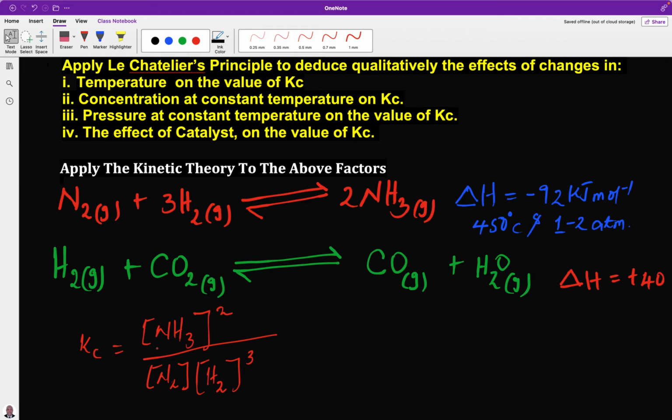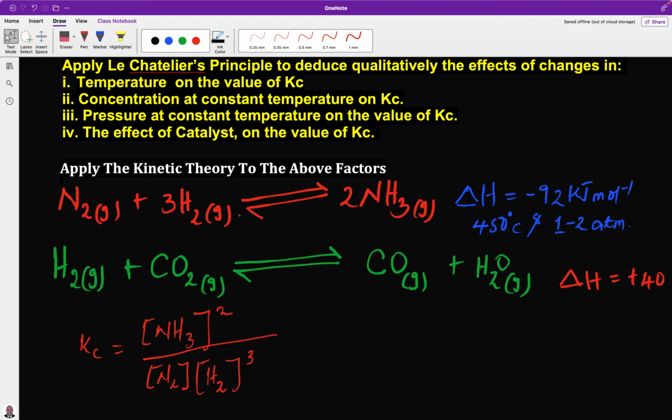Secondly, if we decrease the temperature, how will a decrease in temperature affect the value of Kc? Once more, this is an exothermic reaction favoring the production of ammonia.